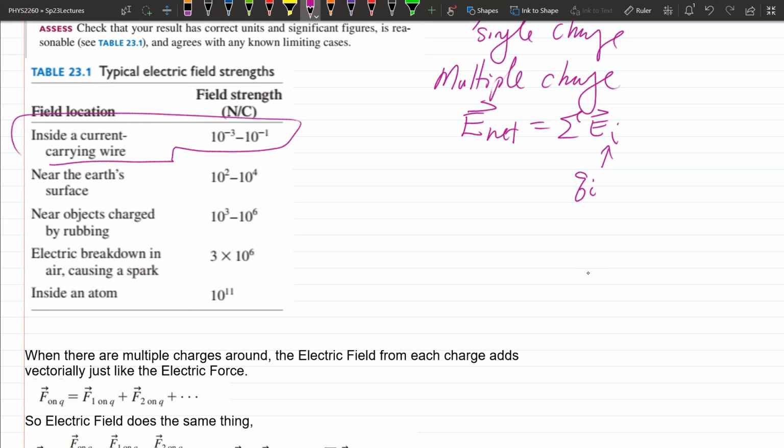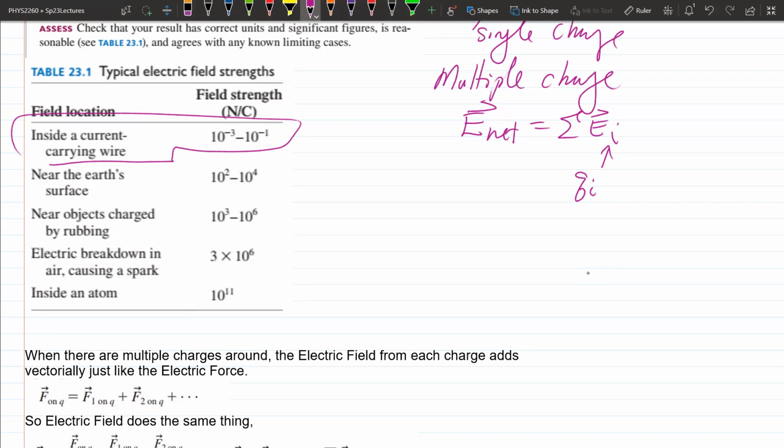We're going to see that we also have different units later. Newtons per coulomb means how much force it would exert on a positive 1 coulomb charge if you put it there. Newtons is a unit for a force, coulomb is a unit for a charge.